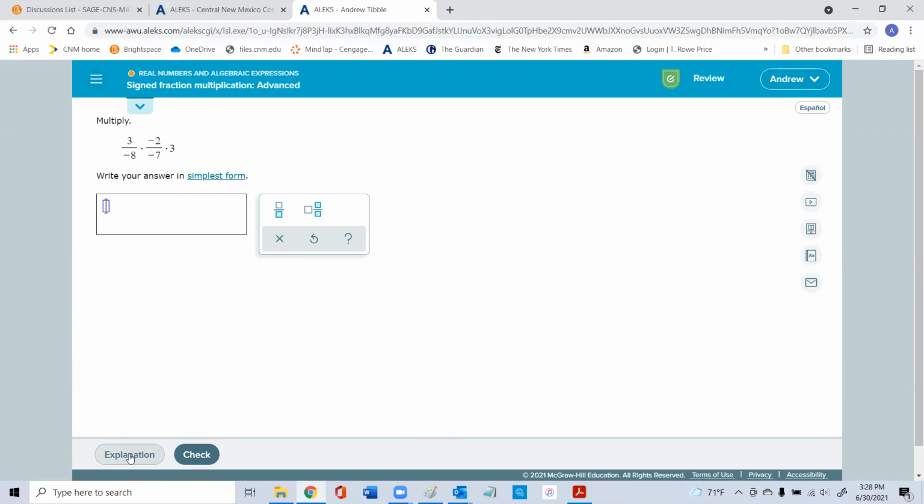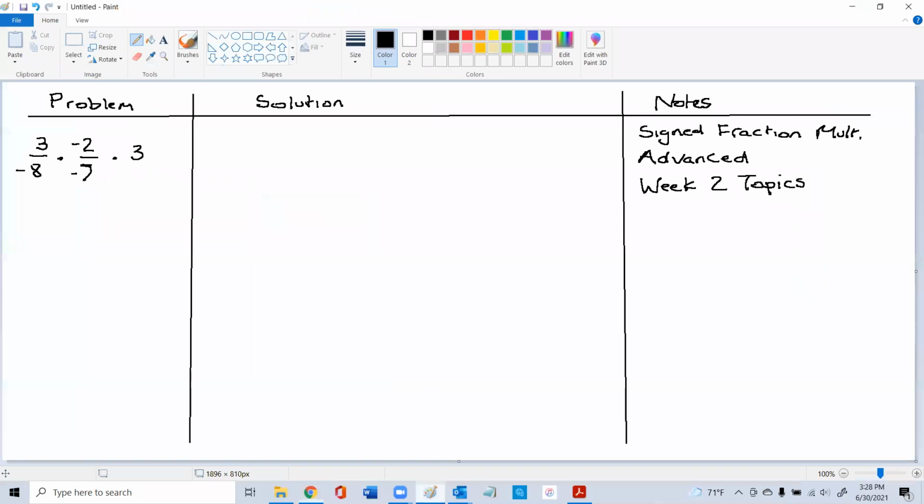Now you have options in ALEKS to look at an explanation and so forth. So that can be helpful too. So we're going to say that this is a multiplication problem. So the first thing that we're going to want to do is make sure we recognize that whole number 3 can be represented as a fraction.